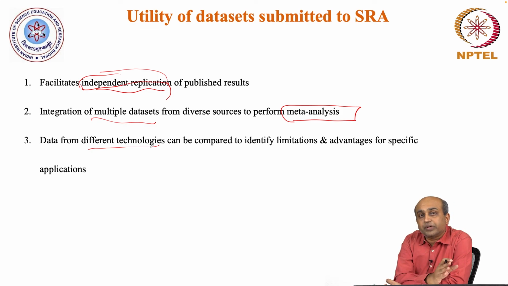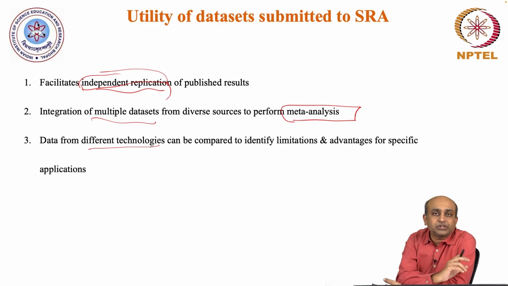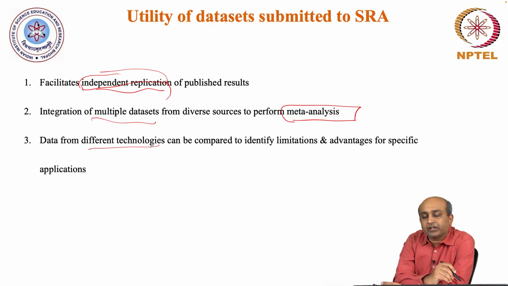So if the same experiment is done with 3-4 different technologies, by comparing how different the outputs are, you can try to distinguish what is the real biology and what is the technical artifact associated with some platform. So this is another useful thing, that SRA allows hosting of different technology platforms.